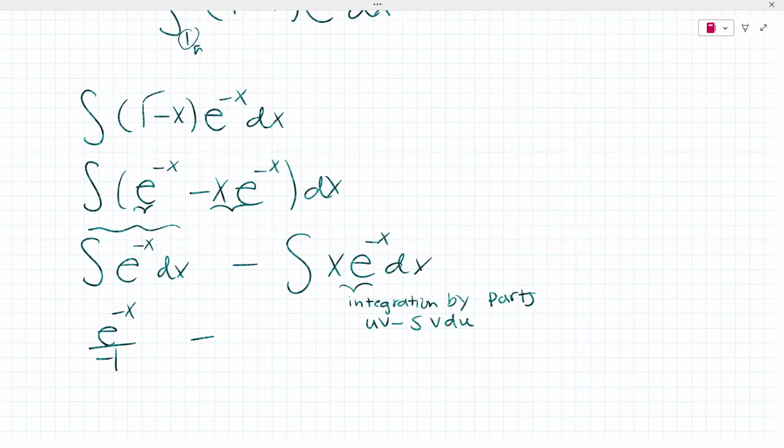So my u is x, my du is 1, my dv is the leftover e to the negative x dx, and then my v, it's basically the integral of this.